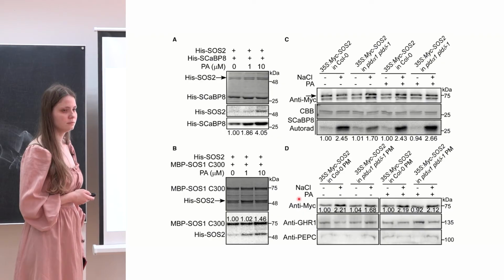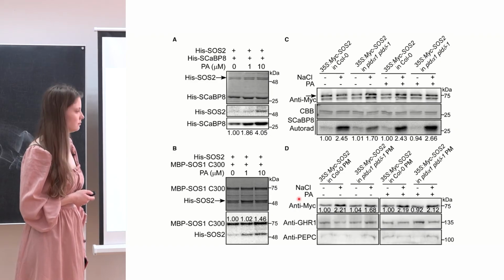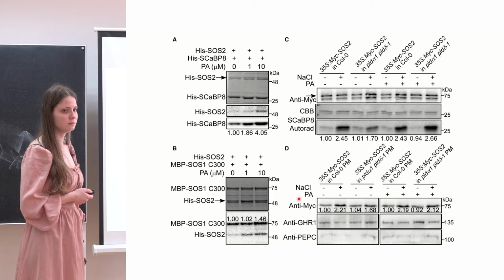Мы практически не обнаруживаем в этой фракции фосфоенолпируваткарбоксилазы, которая является цитозольным белком, а в то же время обнаруживается GHR, который является мембранно связанным белком.